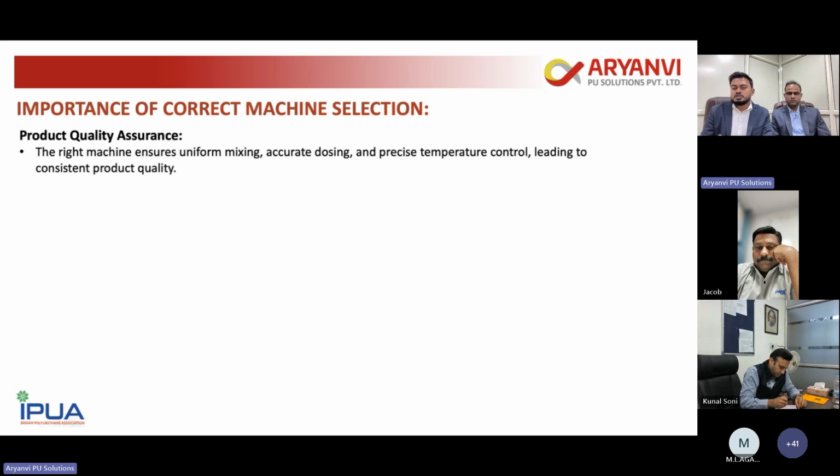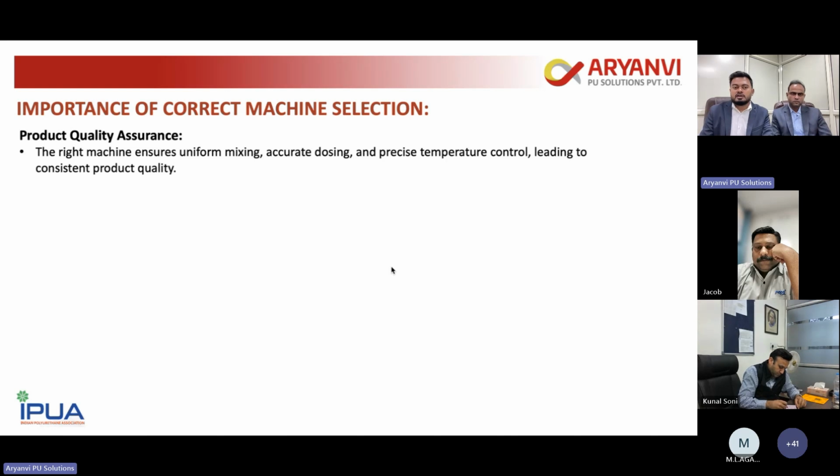You can have better control on all the parameters which are required to be in control during production time, like shot weight, ratio, and temperature of both the chemicals. These kinds of parameters you need to keep in control to get a good quality product.